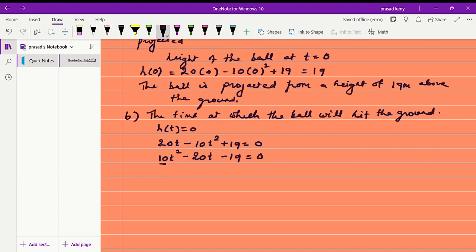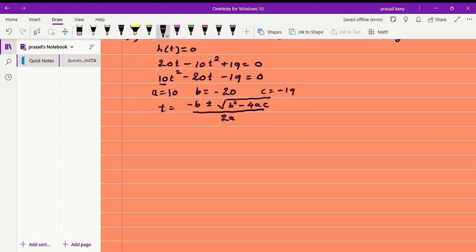But obviously this is not a factorizable quadratic, so I will go for the formula method. A is 10, B is negative 20, C is negative 19. So t is equal to minus b plus or minus root b square minus 4ac upon 2a. Don't get confused. Here the variable is t, so roots will be in terms of t, not x.